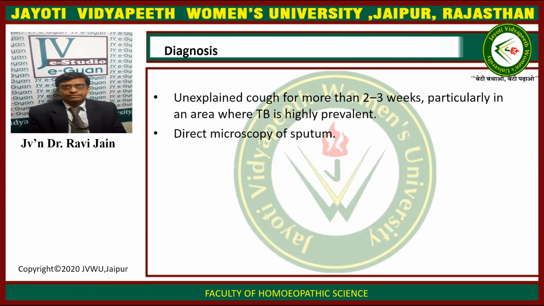How will you diagnose a case of tuberculosis? Unexplained cough for more than 2 to 3 weeks, particularly in an area where tuberculosis is highly prevalent. Direct microscopy of sputum.